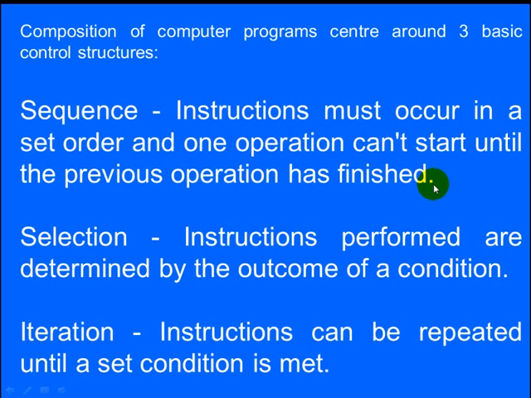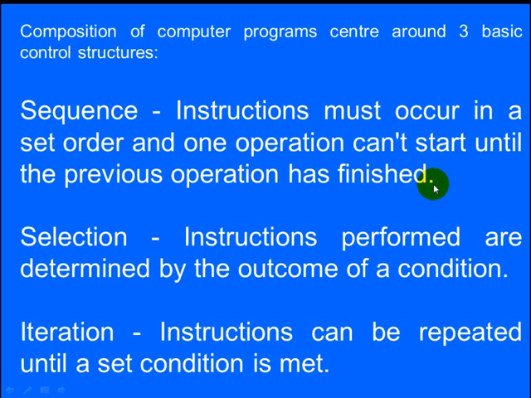By sequence we mean that all the statements are executed sequentially, one by one, each and every instruction. The next instruction cannot start until the previous instruction has finished execution, meaning the previous instruction is fully executed.